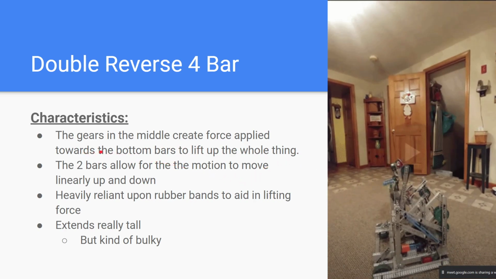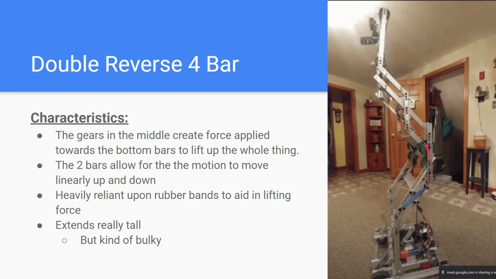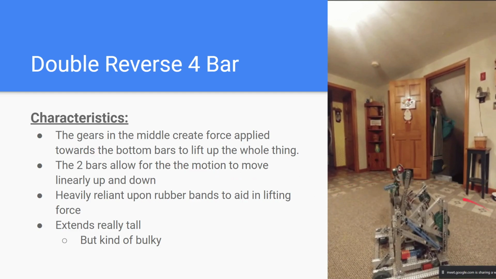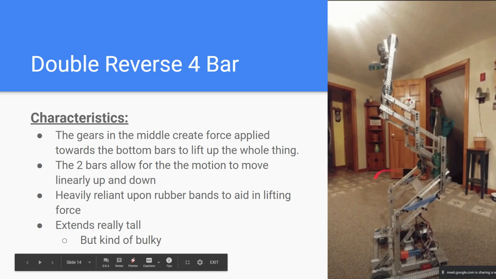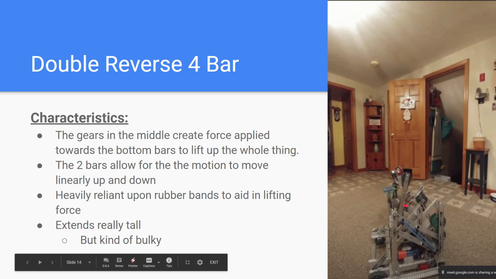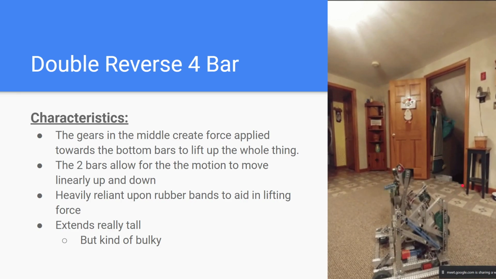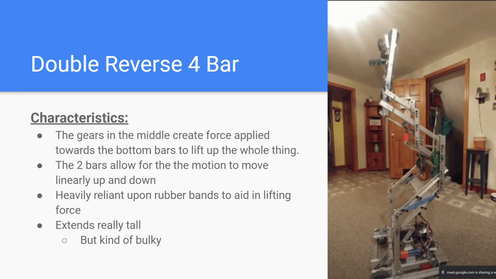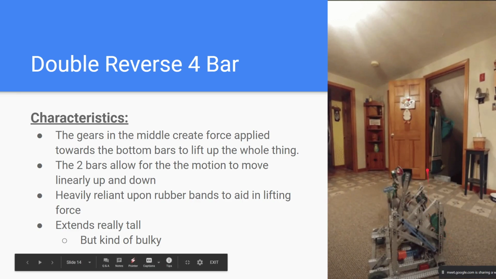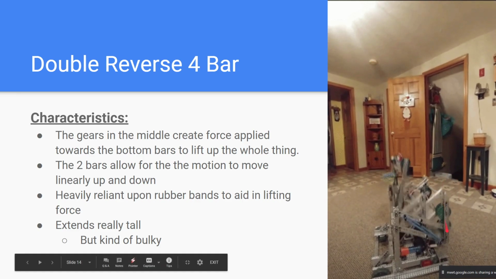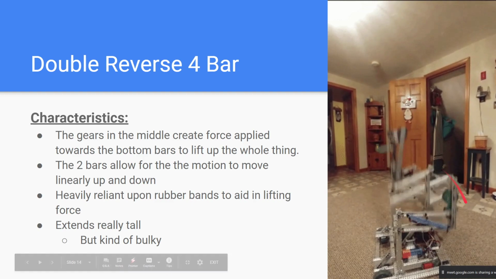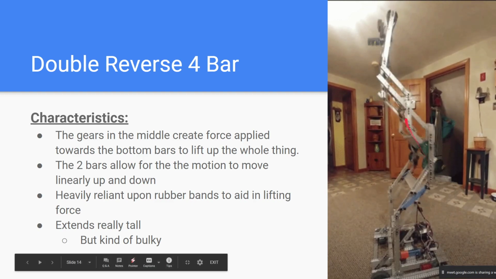So how it works, I don't know if you'll understand because it took me a while to understand. Basically, there's no motors connected to the base. The motor is actually connected to the middle part where the gears are. You can't see it. It's on the other side. Basically, the motor just spins one of the gears, and this gear will spin that gear so that this goes up.